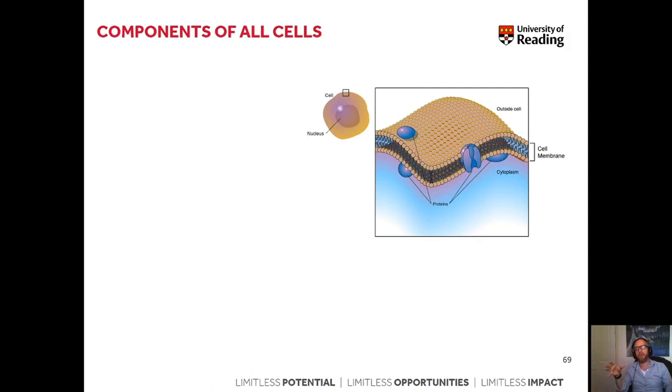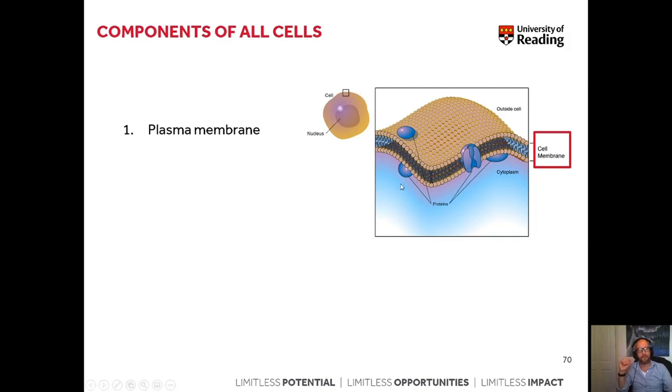Before we look at the organelles in detail, and before we discuss their function, let's have a look at the components of all cells. Again, as mentioned before, all cells are surrounded by a cell membrane, and what you can see here on the right hand side is a simple schematic view of the membrane.